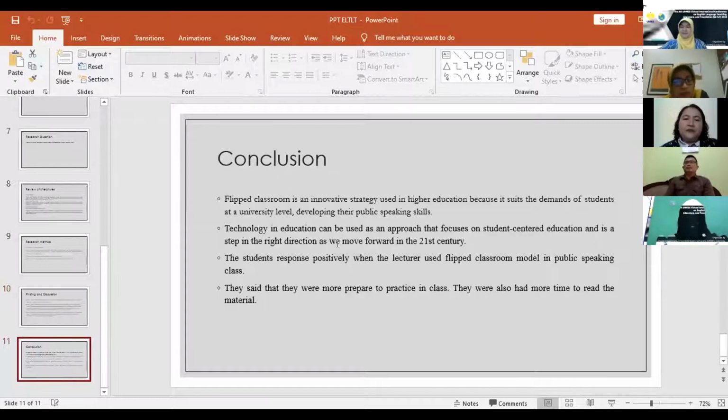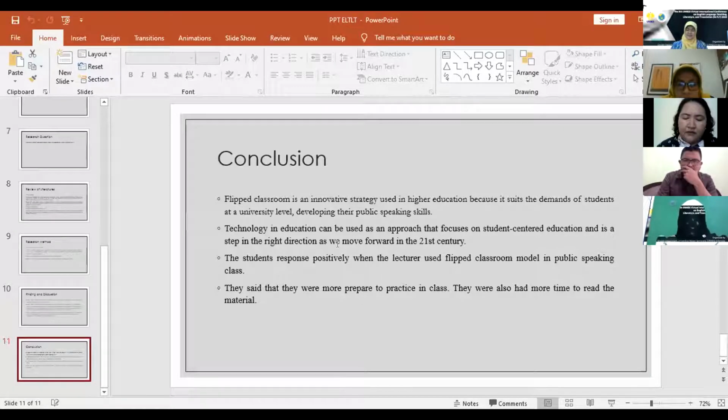Okay, and the conclusions are: flipped classroom is an innovative strategy to use in higher education. Technology in education can be used as an approach within the 21st century, and the students respond positively when the lecturer uses the flipped classroom model.